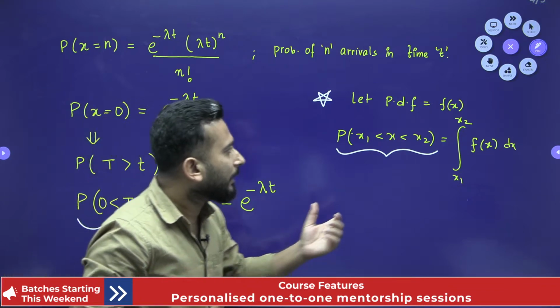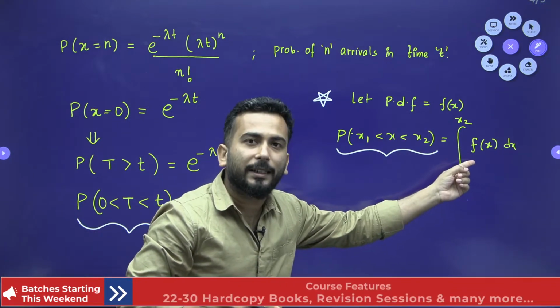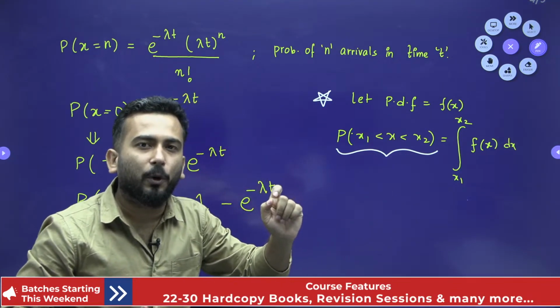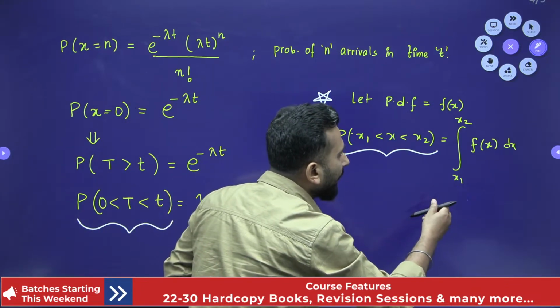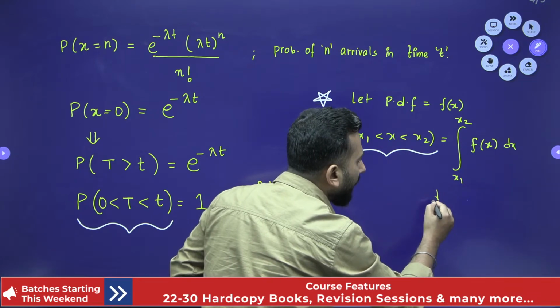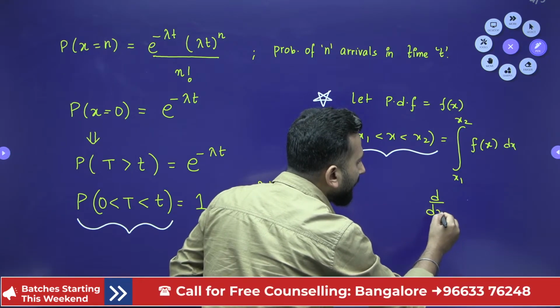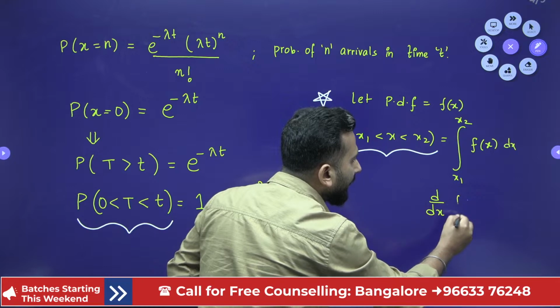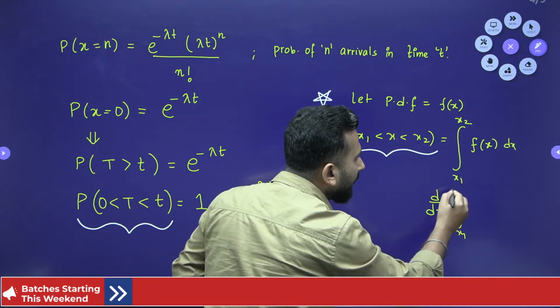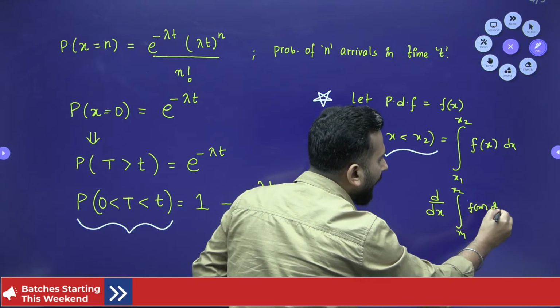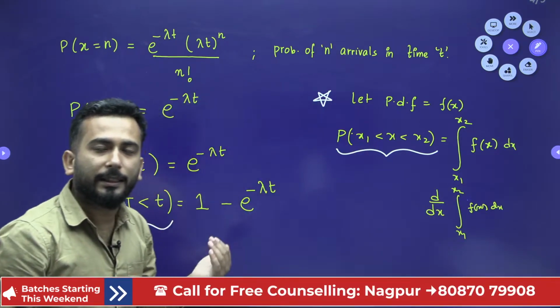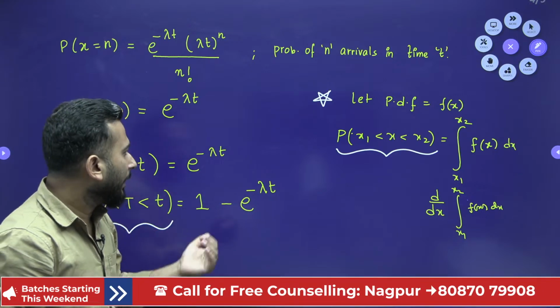Suppose I have to obtain f of x over here, the density function. What would I do? Simply I would put d by dx, differentiating the integral from x1 to x2 of f of x dx, and I would get the density function. Similarly, let's say this is some cumulative function, capital F of t.